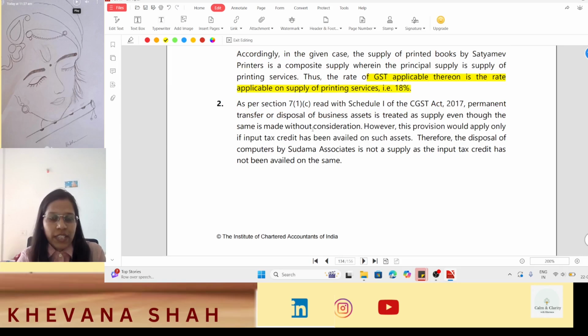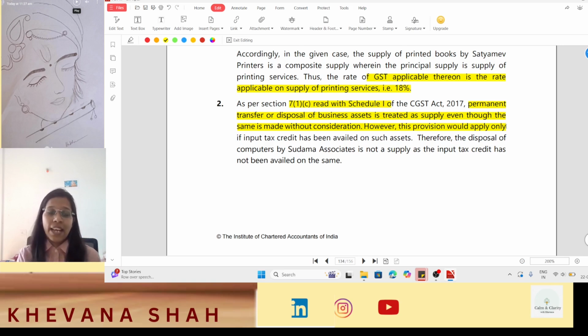Okay. So see, as per section 7(1)(c) of Schedule 1, that is the things for deemed supply, permanent transfer or disposal of business assets is treated as supply even though the same is made without consideration. So we saw in the definition of supply that there should be consideration and it should be in the course or furtherance of business.